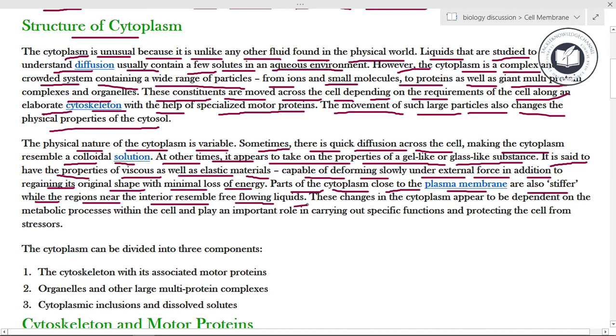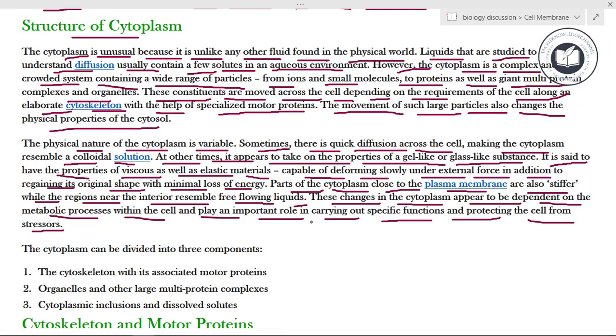These changes in the cytoplasm appear to be dependent on the metabolic processes within the cell and play an important role in carrying out specific functions and protecting the cell from stressors.